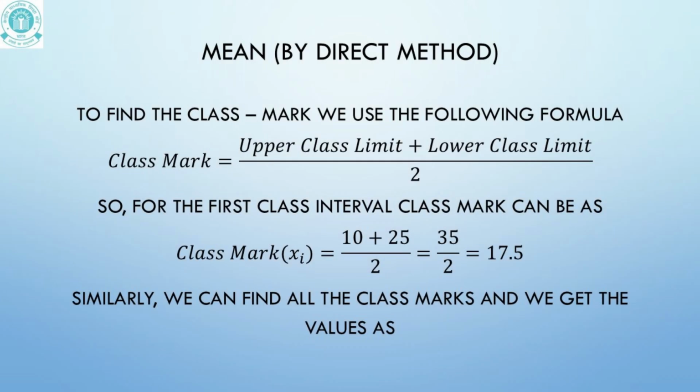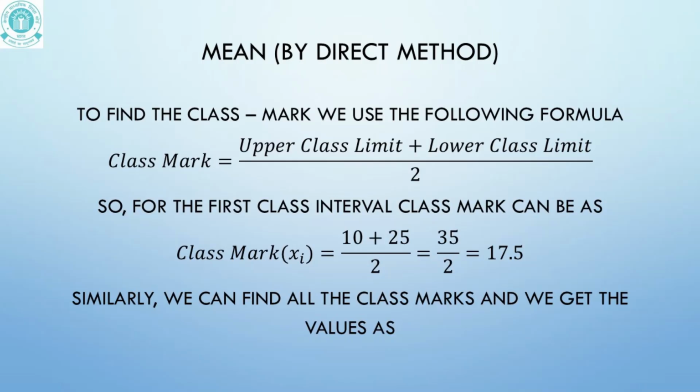To find the class mark, we use the following formula. Class mark equals upper class limit plus lower class limit divided by 2. So, for the first class interval, class mark equals 10 plus 25 divided by 2, which gives us the value of class mark as 17.5.